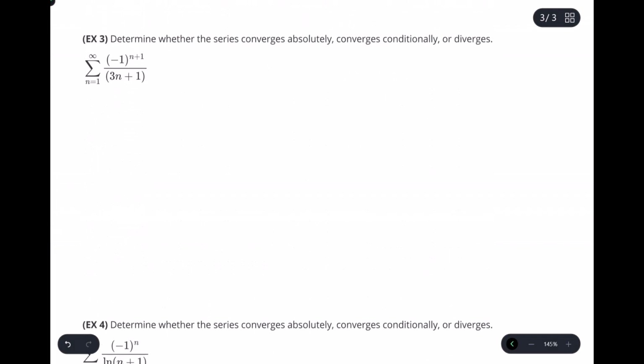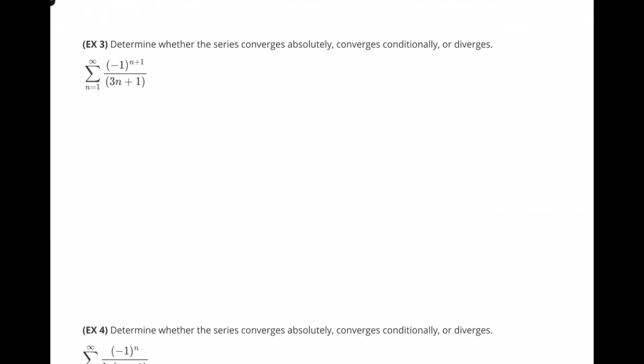Determine whether the series converges absolutely, conditionally, or diverges. Okay, so I have the sum from n equals 1 to infinity of (-1)^(n+1) over 3n plus 1.